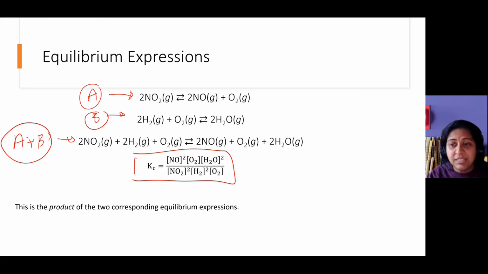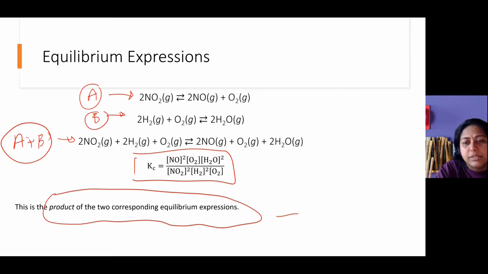When the reactions are added, the equilibrium constant expressions will be multiplied; the product equals the equilibrium constant of the total reaction. The equilibrium constants will be multiplied with each other.